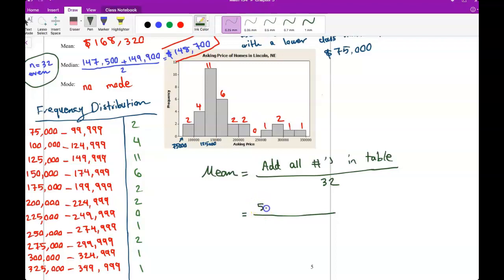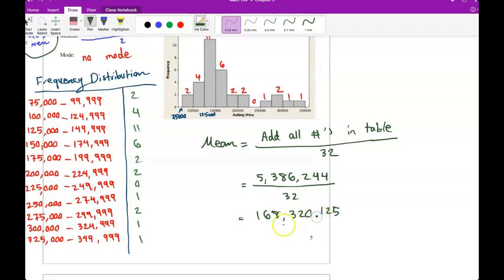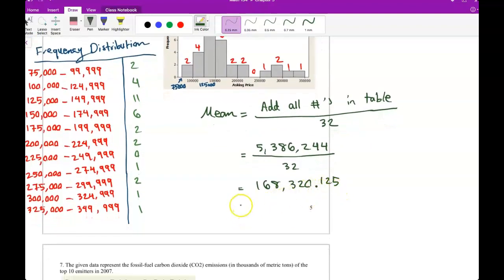That is 168,320.125. Since it's in dollars, I'm going to round to the nearest cent, so 168,320.